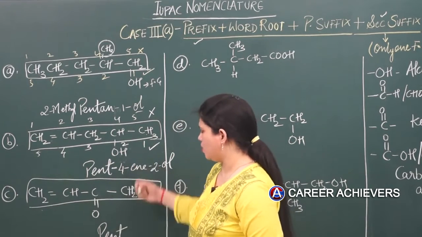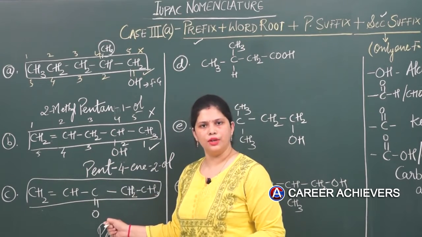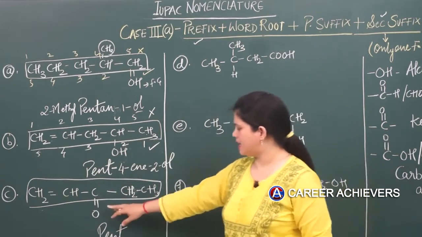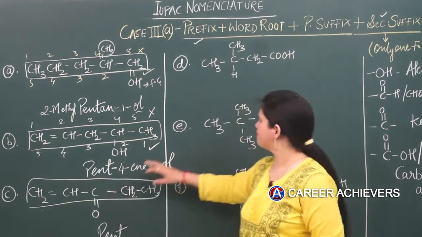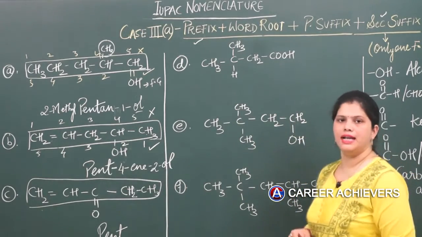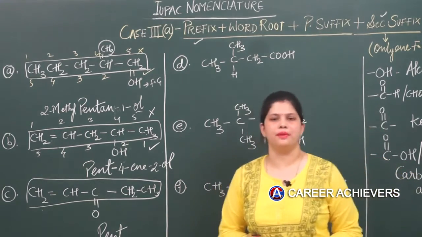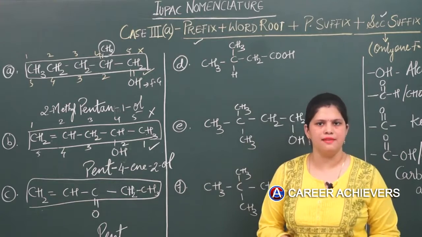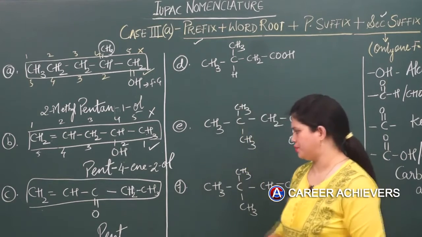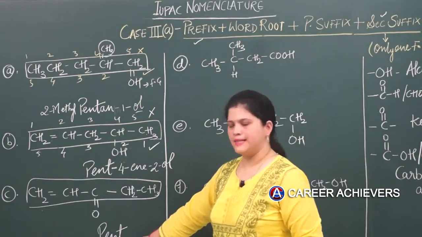Here we had alcoholic functional group, here we had ketonic functional group. One thing has to be noted very nicely: there are certain functional groups like ketonic, carboxylic acid, and aldehyde, which bear carbon in the functional group itself. So that carbon is also supposed to be counted when we write the word root.